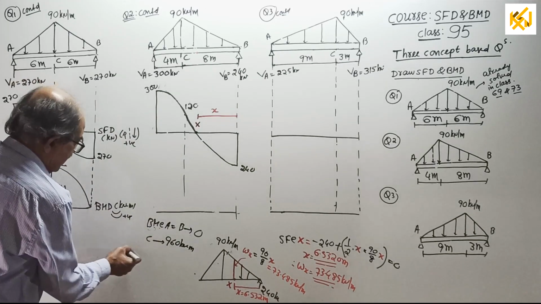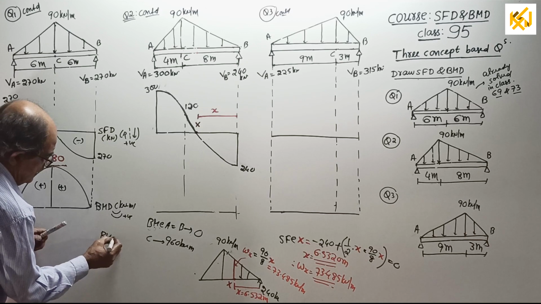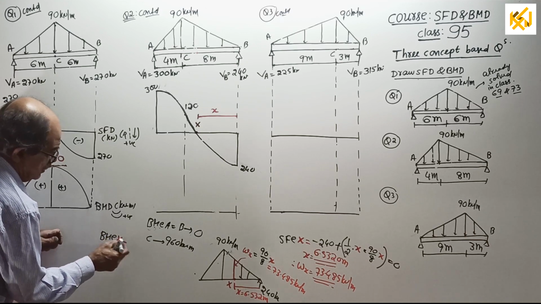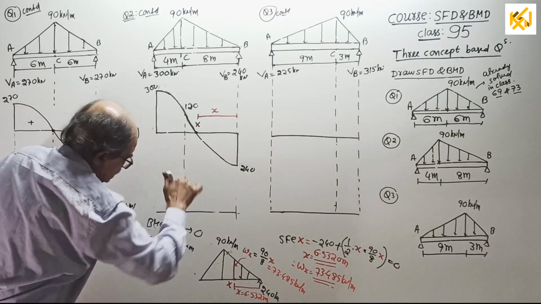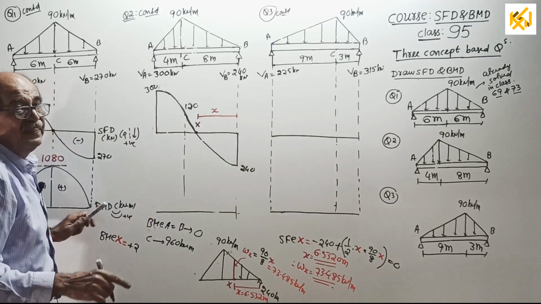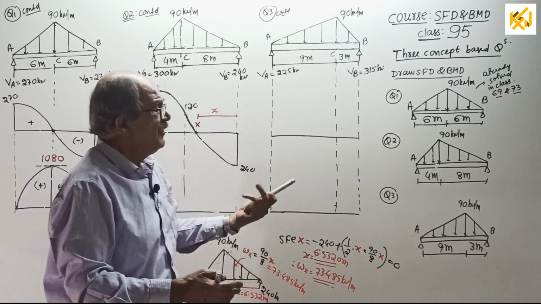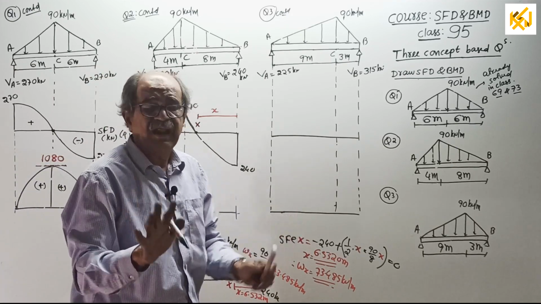Start. I write here. BM at X equal to, plus 240 into, next question I am not explaining, I am not writing, you should write. Why? Only change is what? X from left side. I will dictate here.